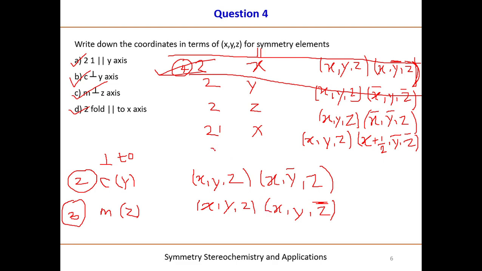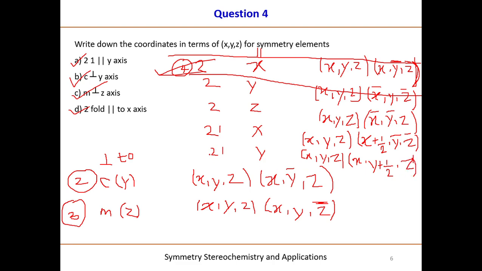If 2_1 is parallel to y axis, in terms of xyz coordinates, the answer will be x, comma, y plus half, comma, z.